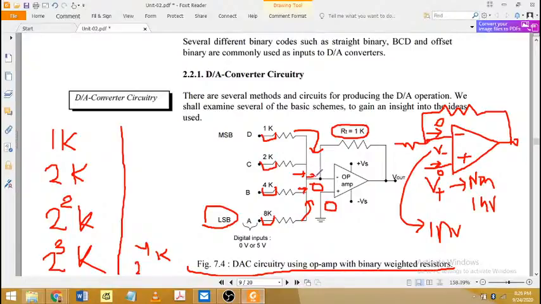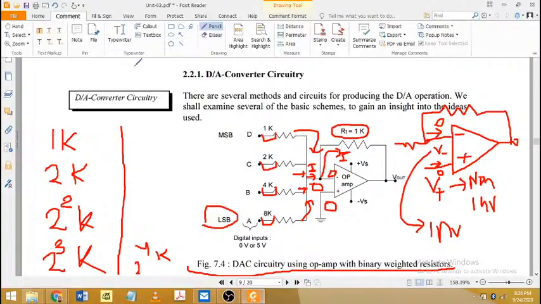Then the same current will come here. If this is I, the same current I will flow here, and the current going inside will be 0. These two things are important to know the functioning of the op amp. If you remember these two things, you can use the op amp in your circuits even if we do not know about its internal circuitry. I hope this makes sense. If it is clear, we move ahead.